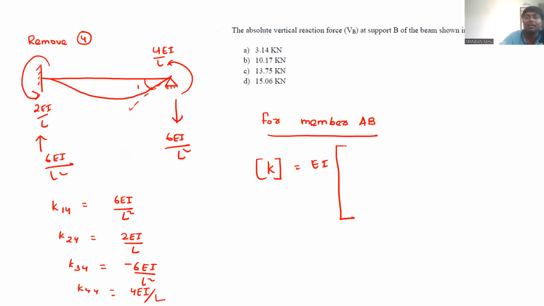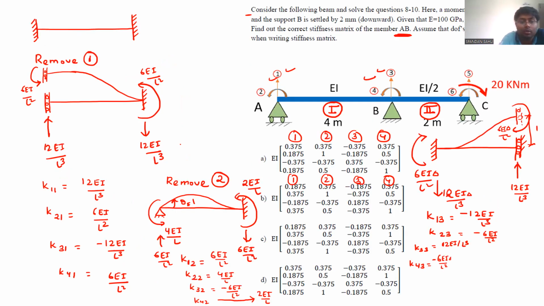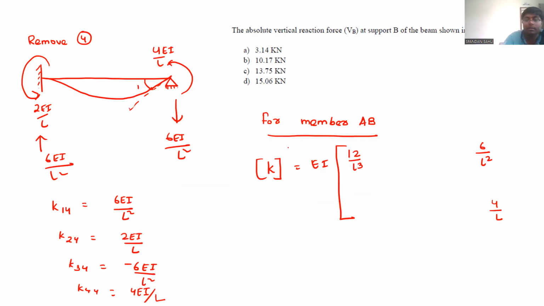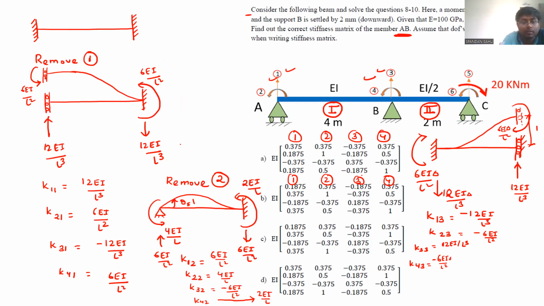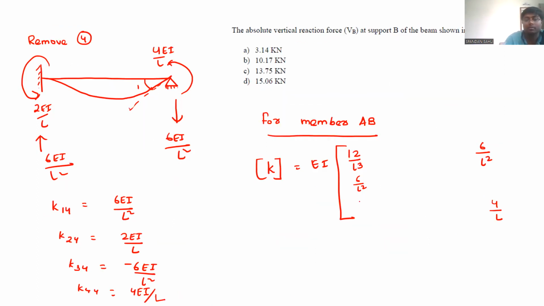Tell me now, K11 will be 12 by L cube. K14 is 6 by L square. K21 is 6 by L square. K31 will be minus 12 by L cube. And this will also be 6 by L square.